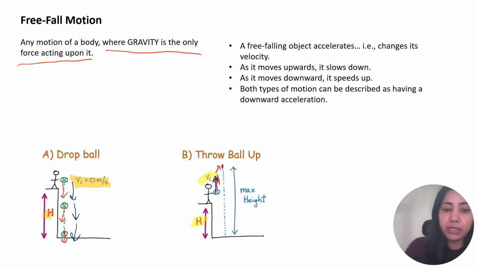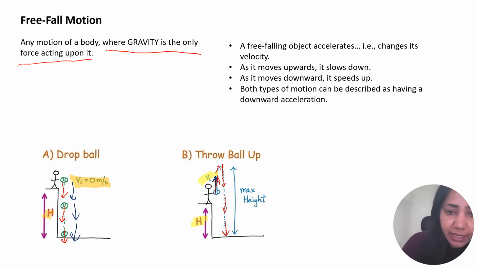So at this point, 0 velocity, after this, what's going to happen? The ball will start going down, and the velocity vector will increase in magnitude because the motion is downwards.